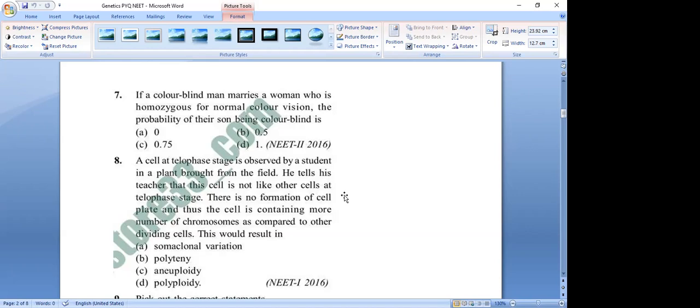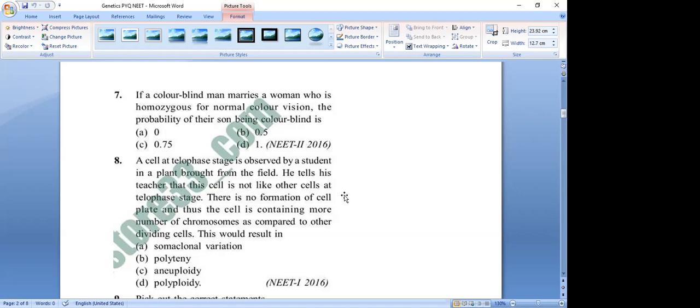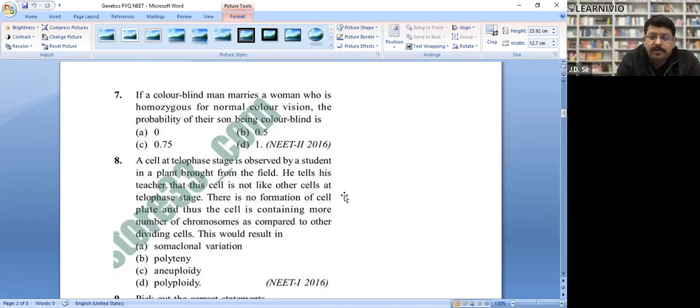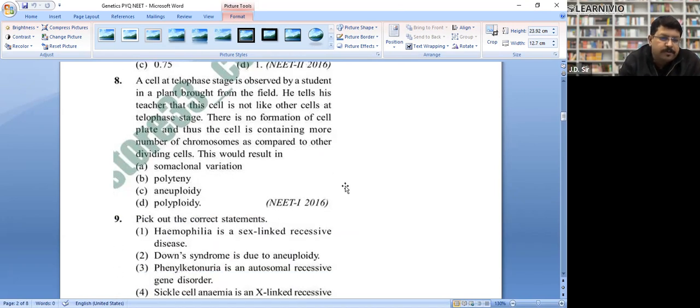No, no, 0%. They all will be carriers. All the daughters will be carriers, and the son will be normal, right? So still, if in place of son, a daughter is put over there, the answer will still be 0, right? Okay, very good, Maimuna.